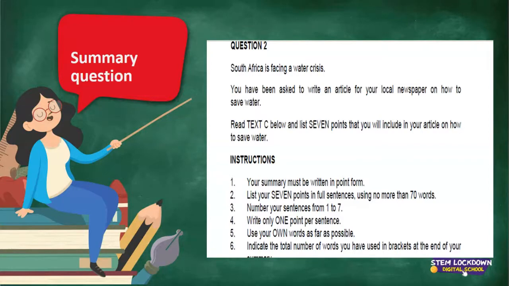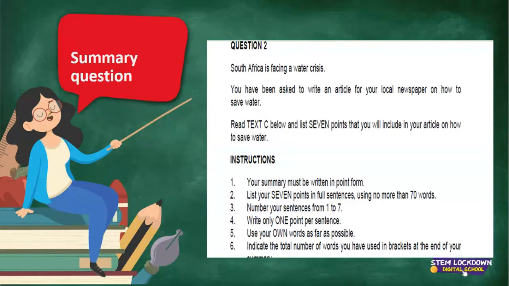No matter how many points you have, try to write 1 point per sentence and use your own words as far as possible and indicate the number of words and write in full sentences. That language aspect where we say a full sentence expresses a complete thought. We want to see it even when you do your summary work.